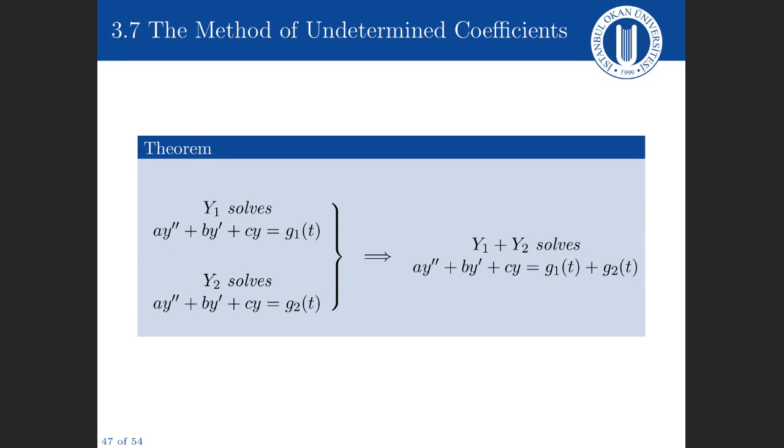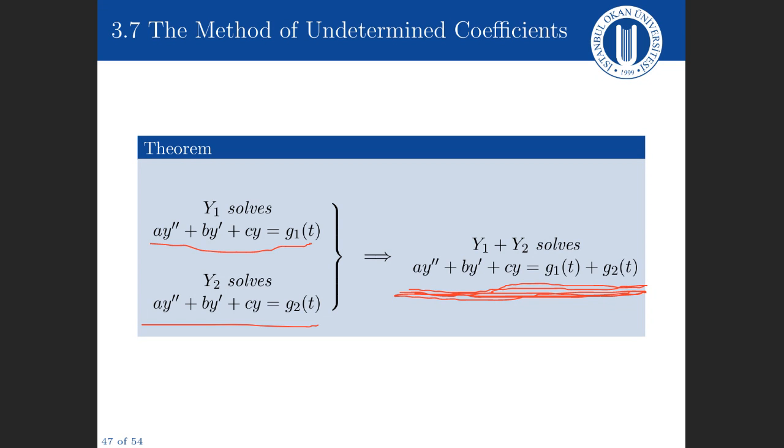Theorem. Let's suppose we have something like this equation, which I'm underlining in red, where on the right-hand side we have two functions, g1 and g2. What we can do is cut this up into two easier problems.